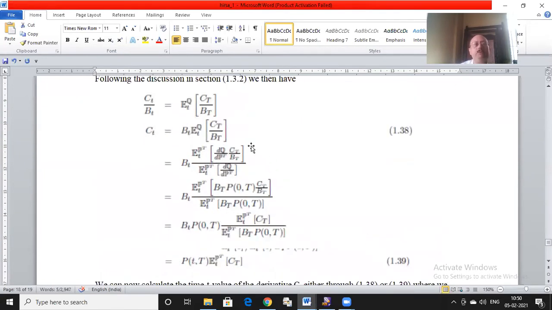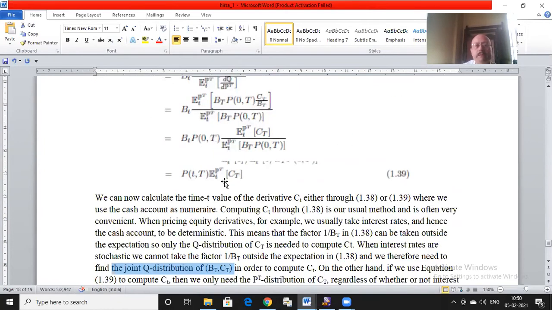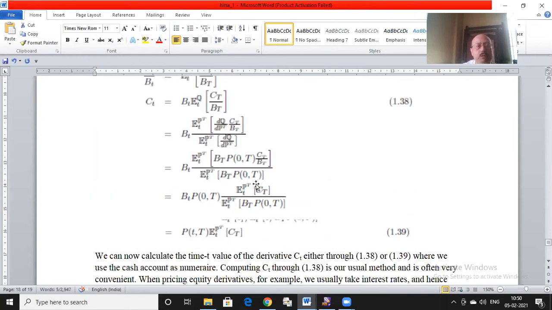But I need to also take care of the case where interest rates can be stochastic. And that is where working with 138 is not as simple as working with 139, because in 139, through our change of measure, I have reduced the number of random variables inside to just one. The other one has been handled through the change of measure.